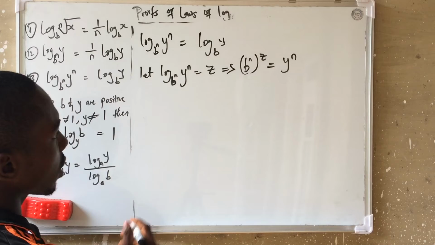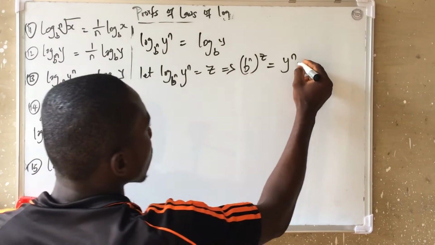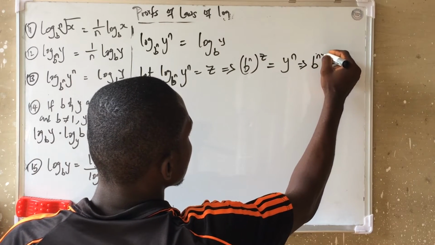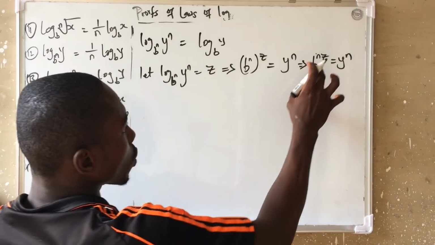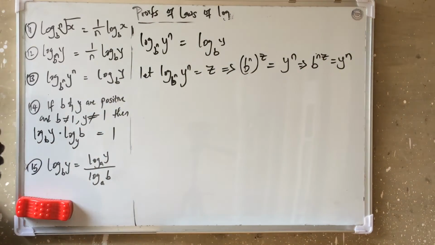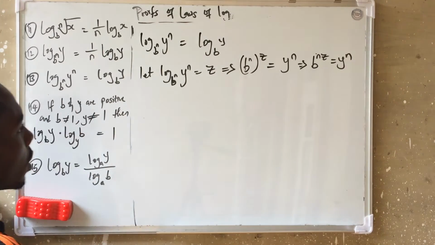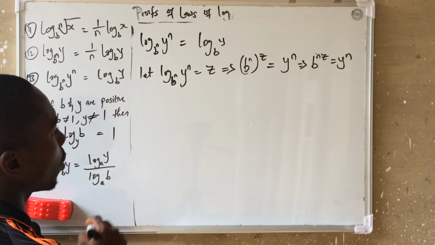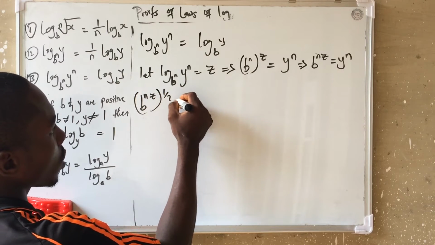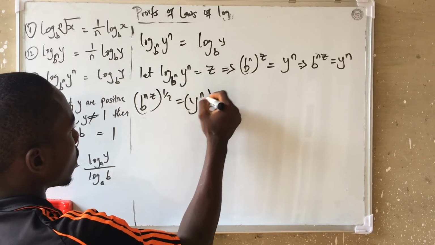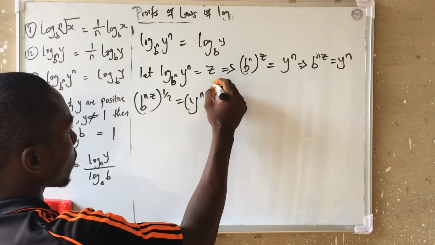This implies that b to the nz is equal to y to the n. I want to work with b raised to the power z, so I'm going to eliminate that n by taking the nth root of both sides. B raised to the power nz, the nth root, is equal to y raised to the power n, the nth root.